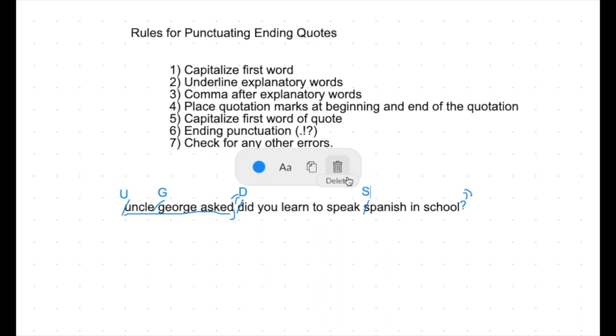And let's see, do we have everything? Uncle George asked, "Did you learn to speak Spanish in school?" Okay, we have everything. And there you go. Just follow those 7 steps and you'll be able to fix any sentence that needs to be corrected if it has an ending quote.